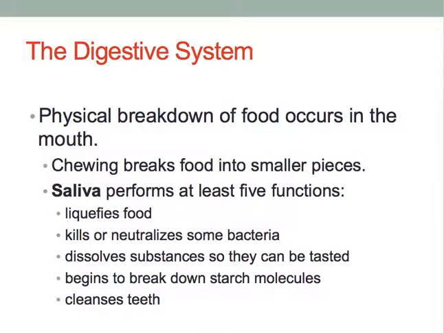So as food is chewed in the mouth, it's mixed with saliva. Saliva is a watery secretion that's released by the salivary glands, and the release of saliva is triggered by a bunch of things, including smell, taste, and sometimes even the thought of food. So if you can think of something that's super tasty to eat, that could trigger the release of saliva.